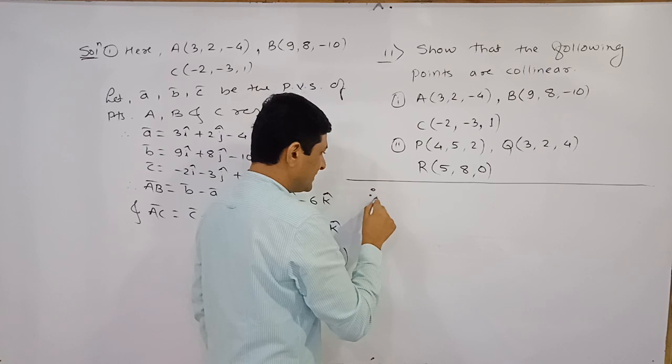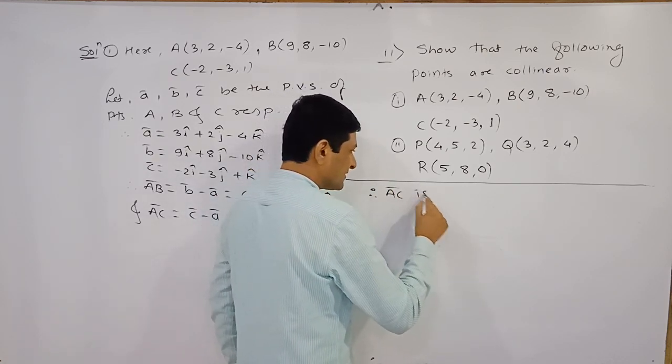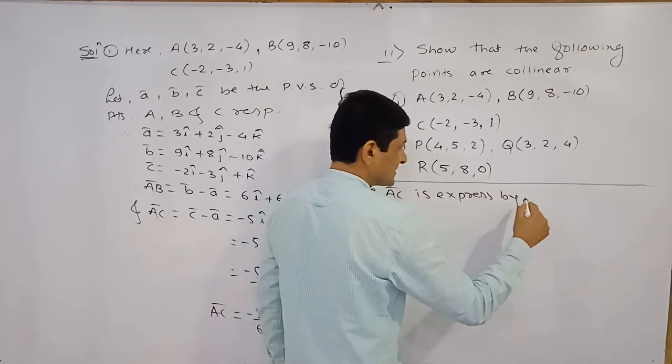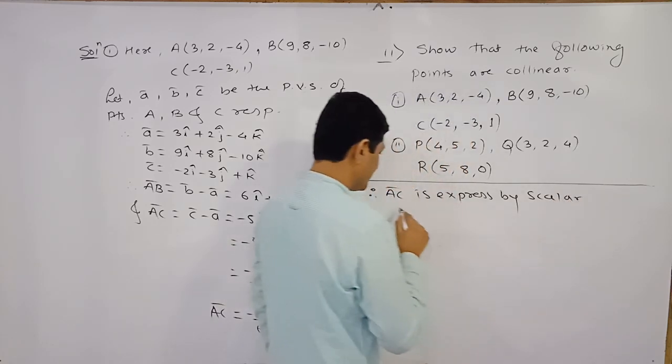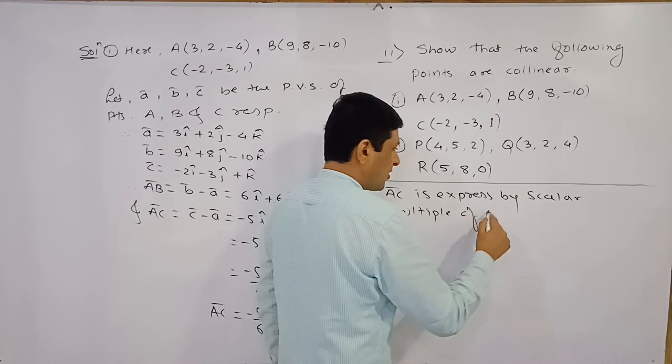So therefore AC bar is expressed by scalar multiple of AB bar.